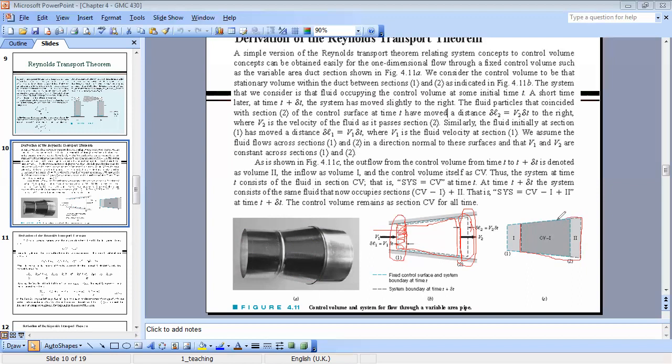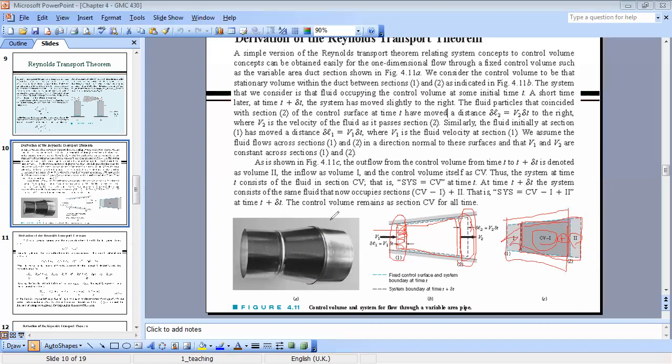So I can say now that my control system is this part plus this one. And this part here is nothing other than the control volume, which will not change in this problem. This part is the control volume minus part one.